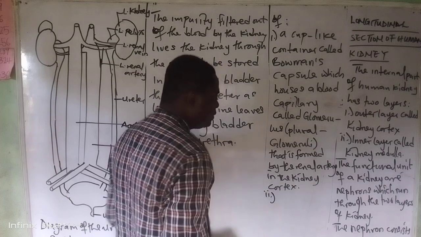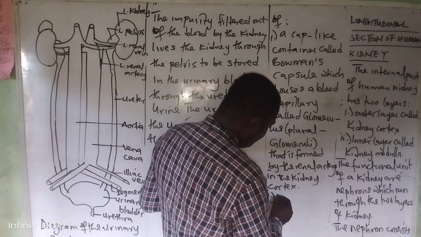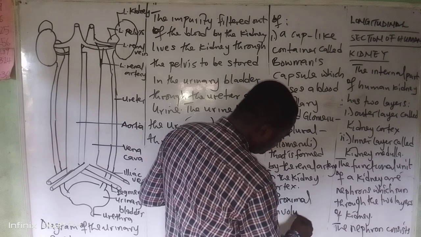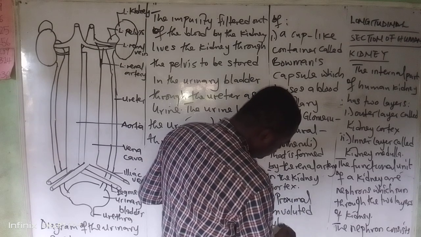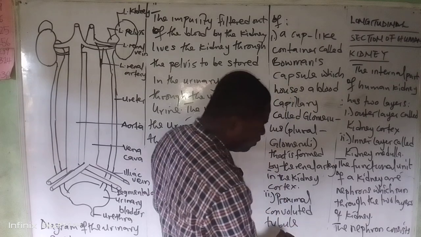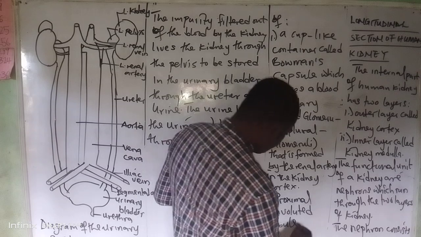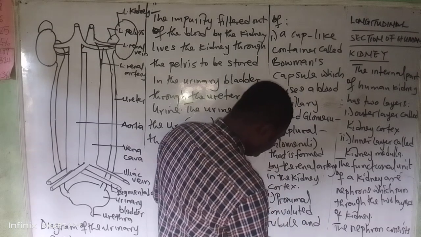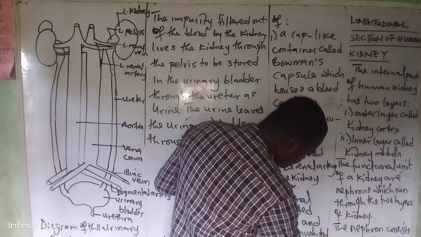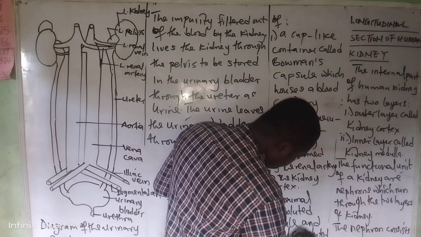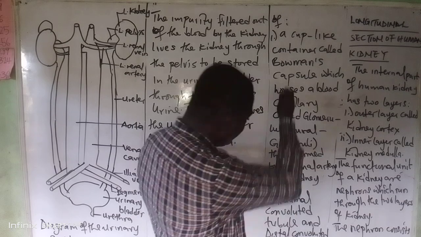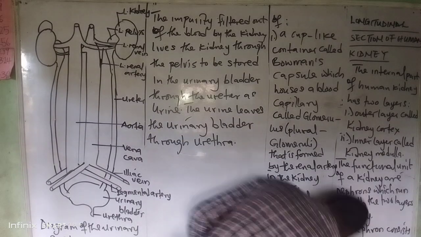Then another thing is, you have the proximal convoluted tubule and the distal convoluted tubule at the kidney cortex. So all these, 1 and 2, are found at the cortex of the kidney.